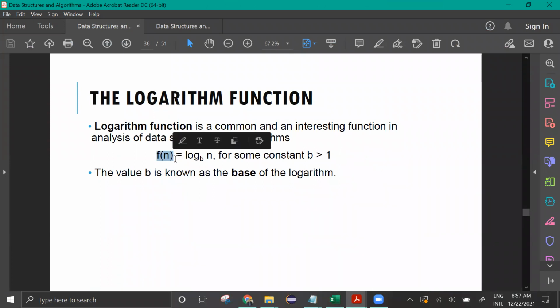So when log base b of n, b is the base. Log 2 n, log 10 n. Likewise, we can provide log values.